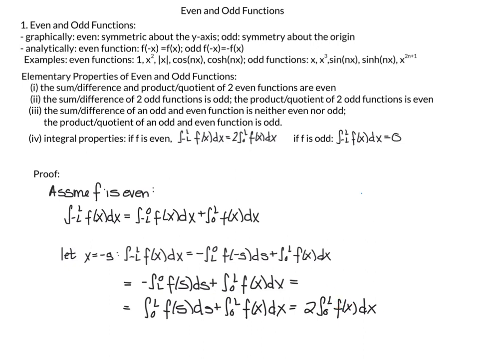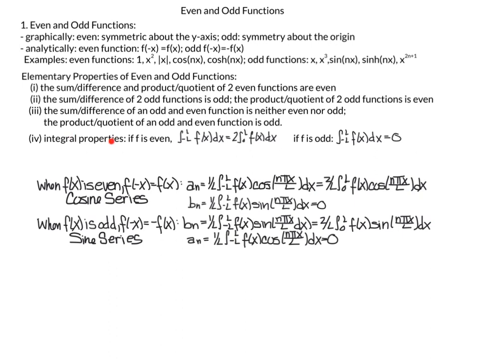You can do something similar when f is odd, and you will see when you go from negative L to L, f of x dx is equal to 0, essentially because you won't be able to switch this from negative s to positive s. So at the end, you'll have this extra negative sign here, so these two will cancel out and you'll get 0 at the end.